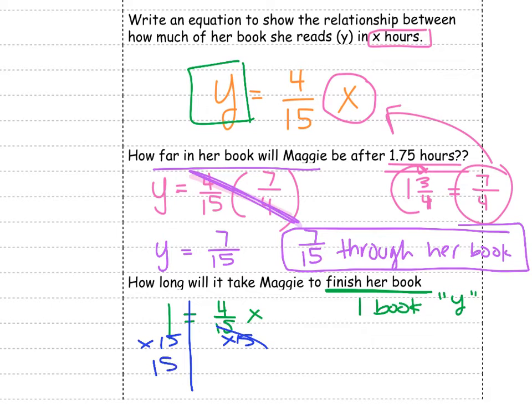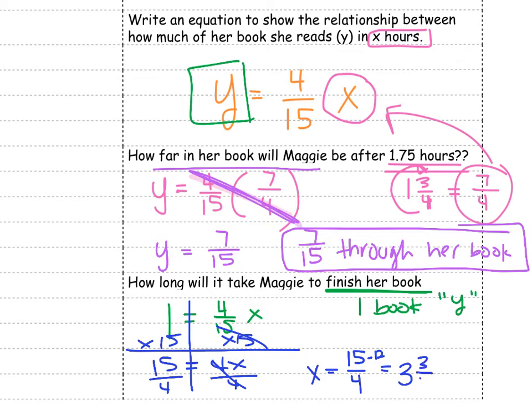So I have 15 equals 4x. And then I can divide by 4. And I get x equals 15/4. If I change this into a mixed number, 4 goes into 15 3 whole times. And 4 times 3 is 12. So I take away 12 pieces. And I'm left with 3 pieces left over. So it will take her 3 3/4 hours to finish her book.